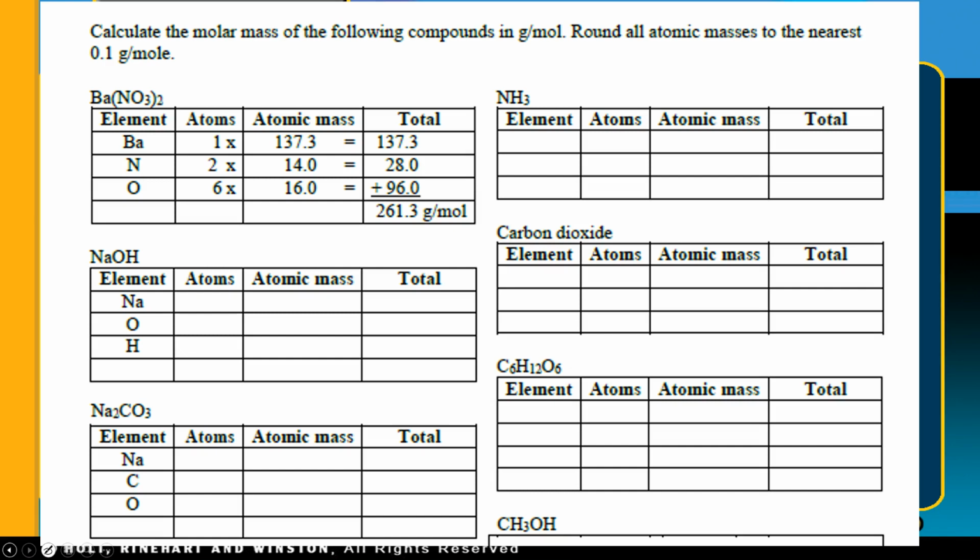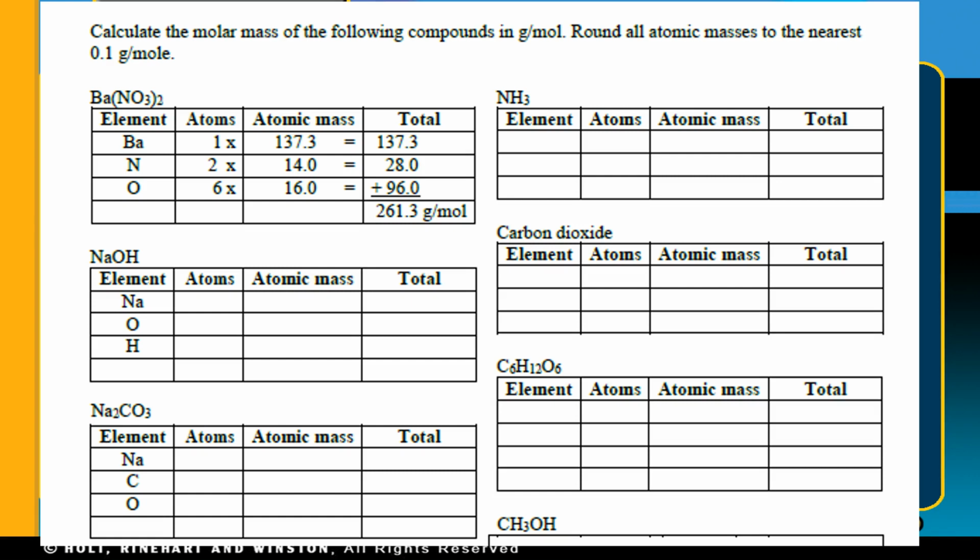Notice in this instruction, I'm asking us to calculate the molar mass of the following compounds in grams per mole, round all atomic masses to the nearest 0.1 gram per mole. So everything should be in tenths. There's 1 barium in there, there's 2 nitrogens, and then there's 6 oxygens. So 137.3 plus 28 plus 96 gives me 261.3. That's how we would do it for this one.